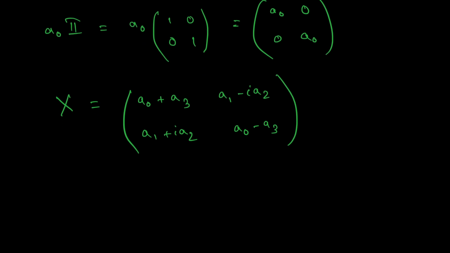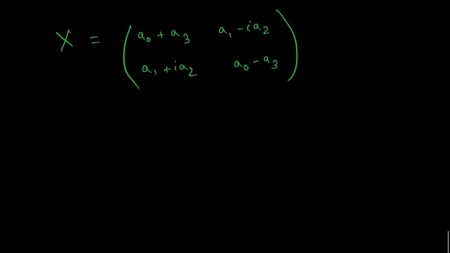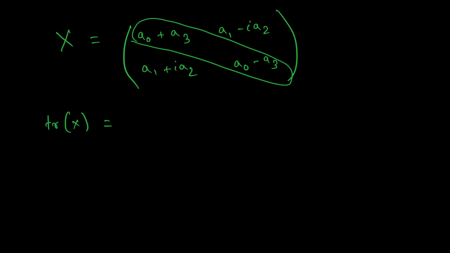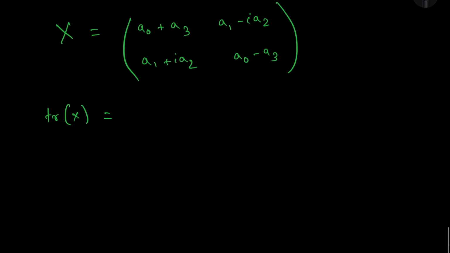Now we have to see what is the trace of X. The trace of a matrix is the sum of its diagonal elements, and by diagonal I mean this diagonal. Let's see what the sum is.